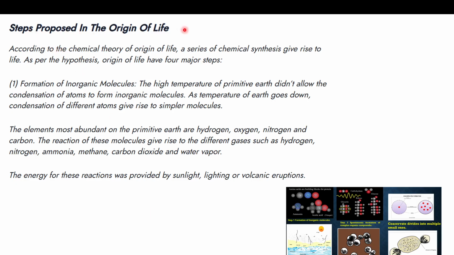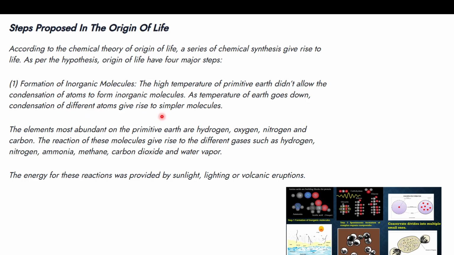Now, the steps proposed in the origin of life. According to the chemical theory, the origin of life has four major steps. The first one is the formation of inorganic molecules. The high temperature of primitive Earth didn't allow the condensation of atoms to form inorganic molecules, and as the temperature went down, condensation gave rise to simpler molecules.